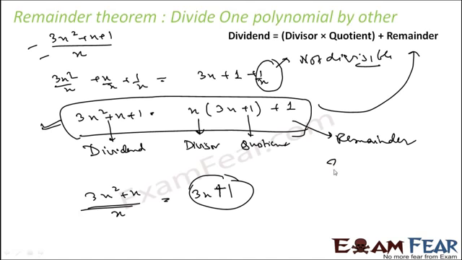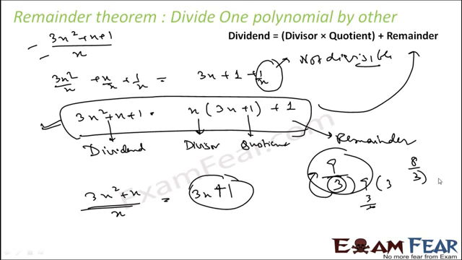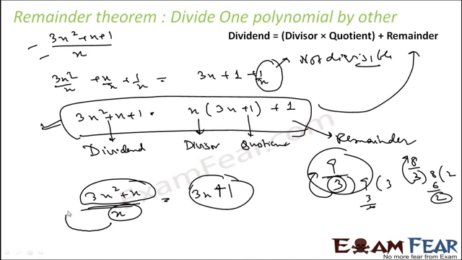As I explained, if 9 is divided by 3 and the remainder is 0, I can say 3 is a factor of 9. But if you divide 8 by 3, you get 2 as remainder, so I can say that 3 is not a factor of 8, but 3 is a factor of 9. Same thing: if x is dividing the whole polynomial, then x is a factor of this polynomial.